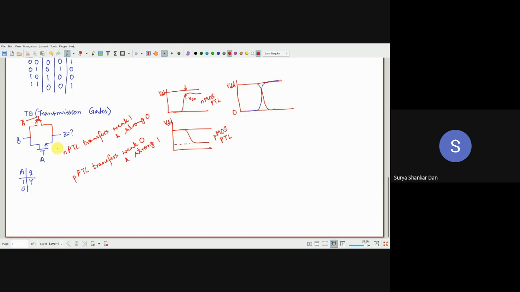Okay, तब क्या होगा? अब देखो समझ में आएगा. जैसे कि in the first case, when we are writing with blue color, that means concerning the NPTL. So what is TG? TG is basically one NPTL and PMOS PTL in parallel. Okay. So in the advanced VLSI design, like whenever I am teaching at the higher degree, I will go into a lot of details for this.